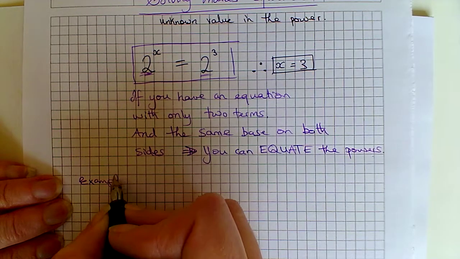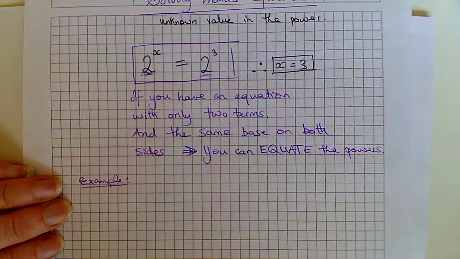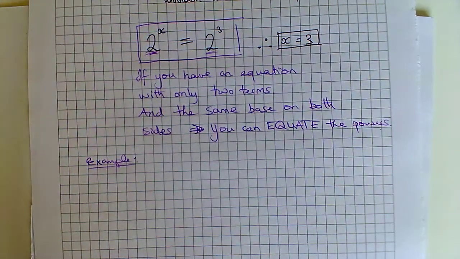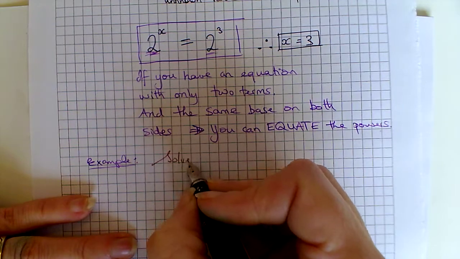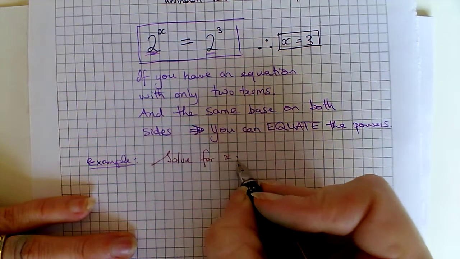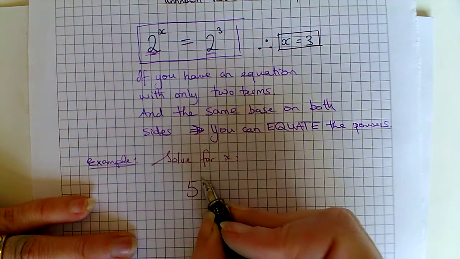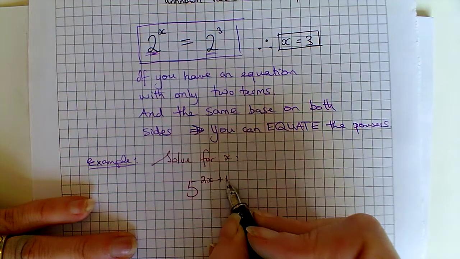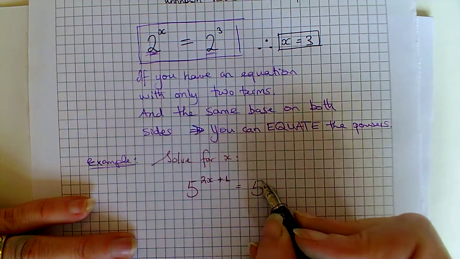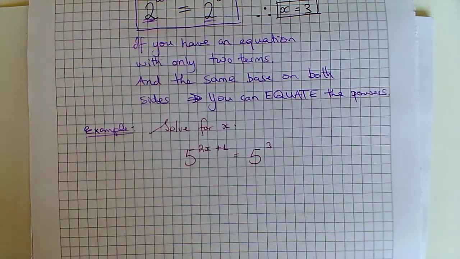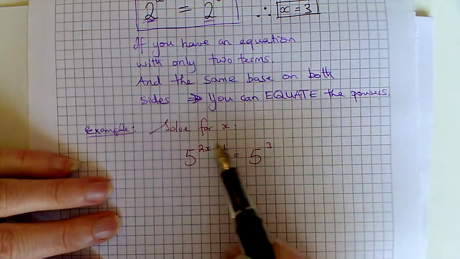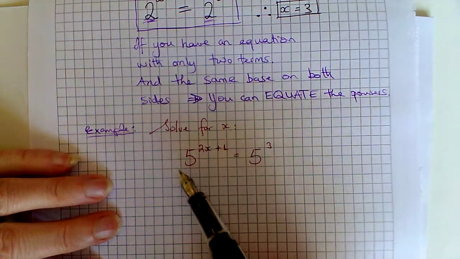Let's look at an example that's slightly more complicated. If we were asked to solve for x, 5 to the power of 2x plus 1 is equal to 5 to the power of 3, like this. Well, I have an equation that only has 2 terms. We're kind of ignoring counting the power as part of this term.